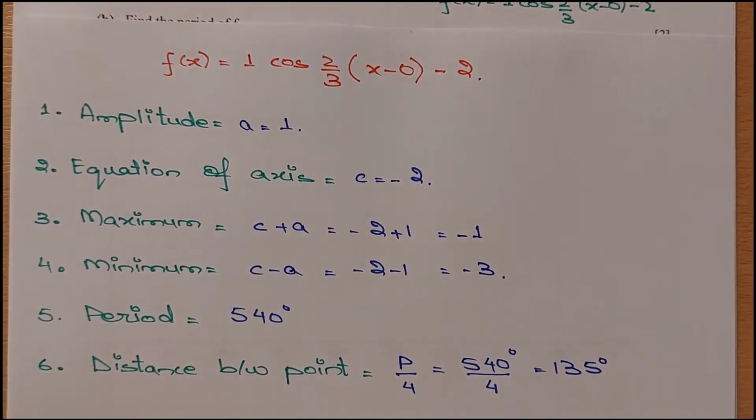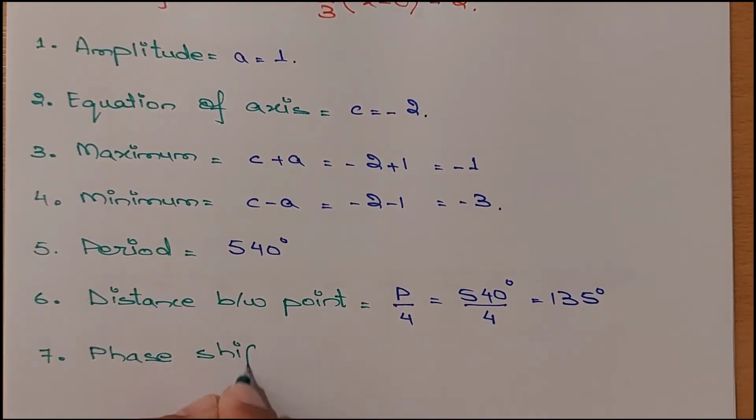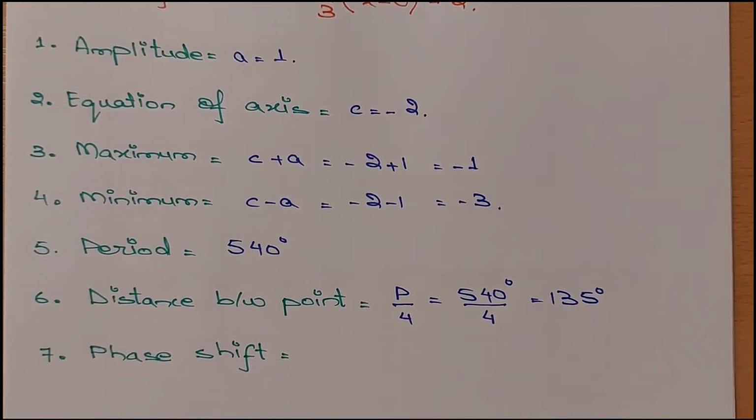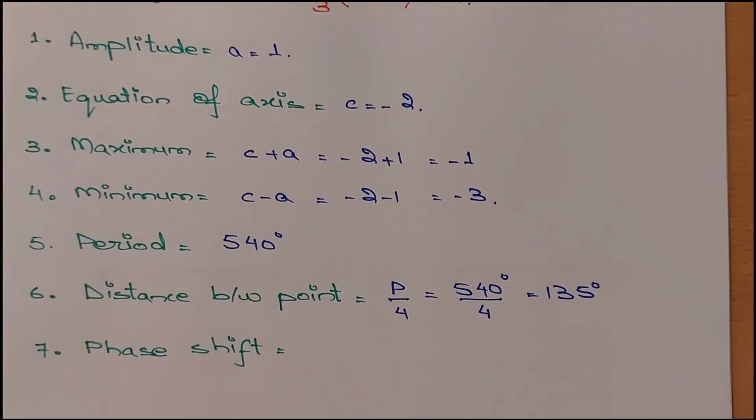Okay, number 7, we need the phase shift. The phase shift is the d value. As you can see, the d value in our curve is just 0. So we have the phase shift is 0.